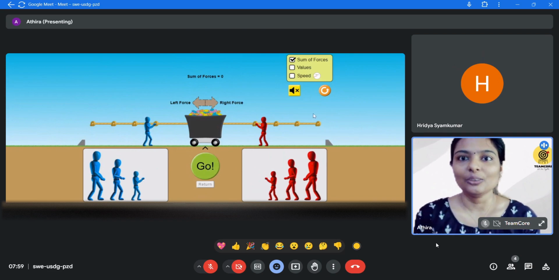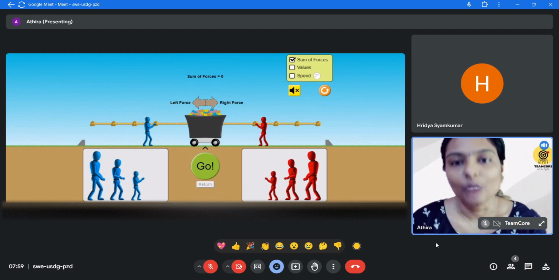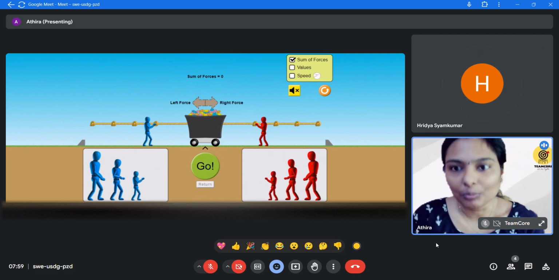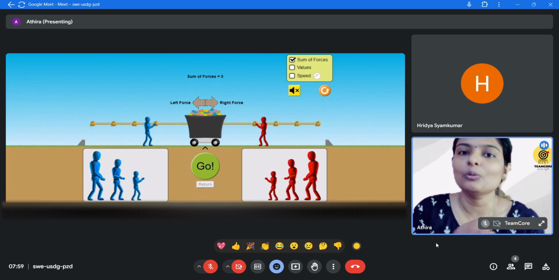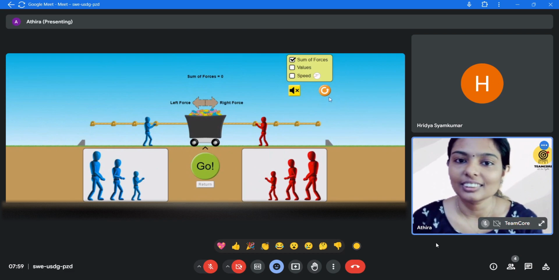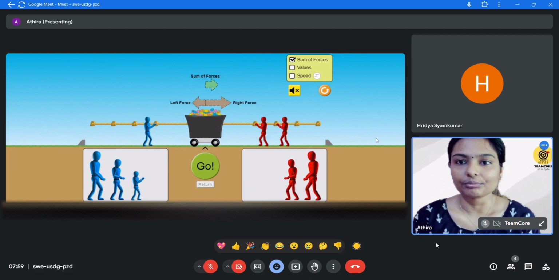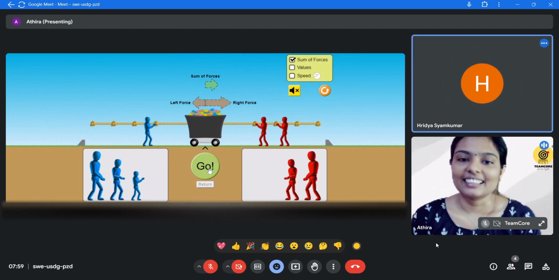So we know that if you want to move an object, we need to exert some force. If the sum of the forces is equal to zero, then the body will not move. Okay. So actually here the object is under multiple forces, right? Now who will win? Red will win.